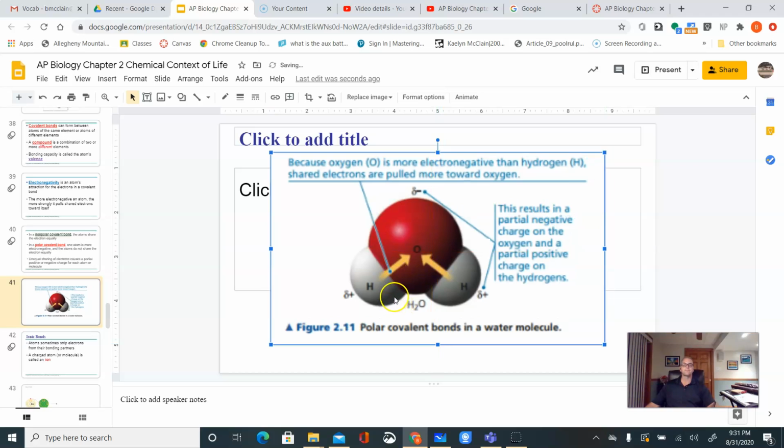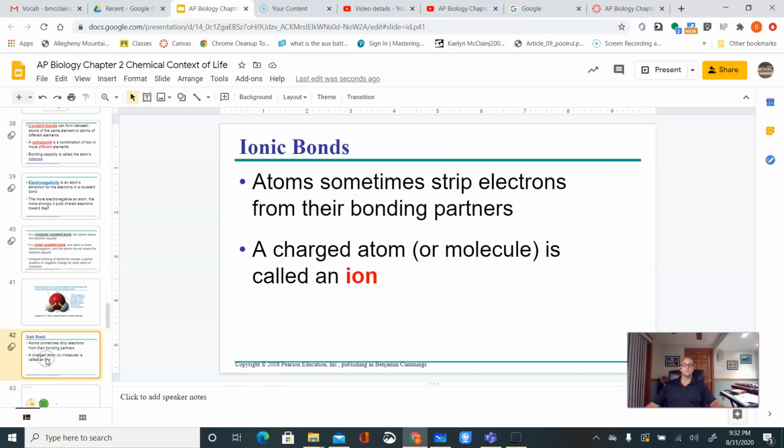The analogy I would say is it's like siblings sharing but not sharing equally. So you can quote unquote share but not share equally. Oxygen holds the electron a little bit longer, so therefore it has a slightly negative charge right here. And then the two positive ends of the hydrogen molecule are because it doesn't hold the electrons quite as much.